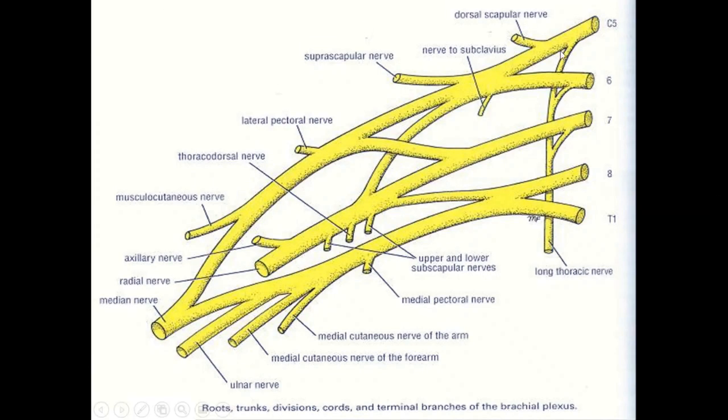What are the 6 nerves? C5 root, C6 root, suprascapular nerve, nerve to subclavius, and this is the upper trunk which divides into anterior and posterior divisions. So these are the 6 branches. They meet at this point. That point is called Erb's point. The middle trunk and lower trunk have no branches.